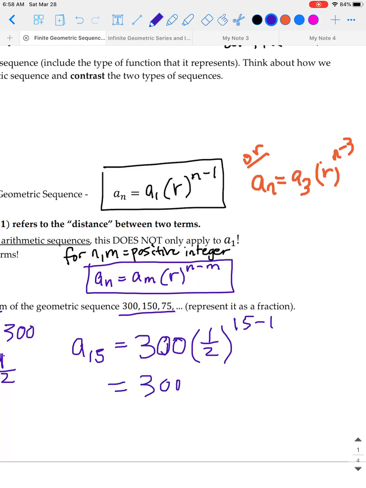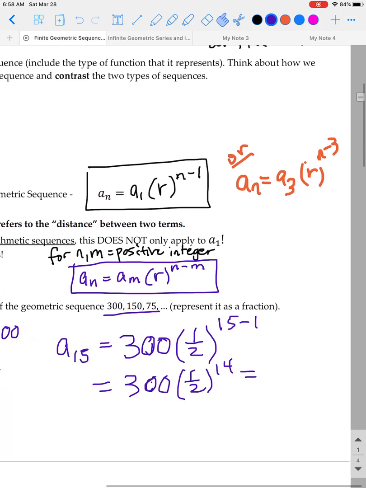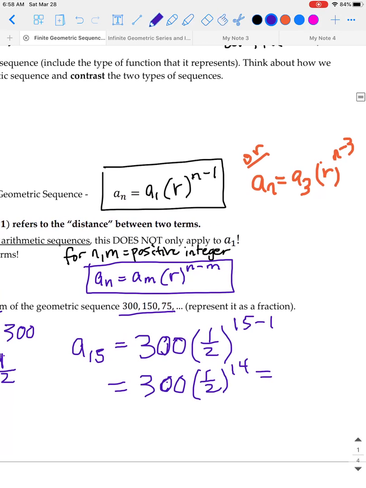So that's going to give us 300 times 1/2 to the 14th. Now that's going to be really small. So if we wanted to, we could simply write it as 300 over 2 to the 14th.